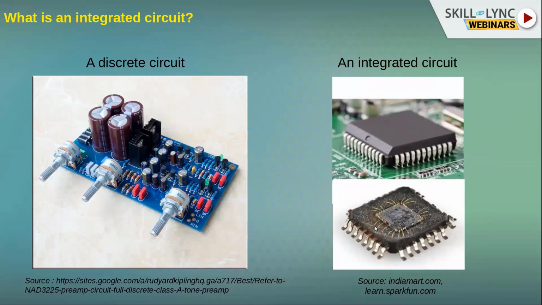You can also see the tiny little wires, called bond wires, which connect to the external pins of this entire packaged thing. So this is how an integrated circuit physically looks.